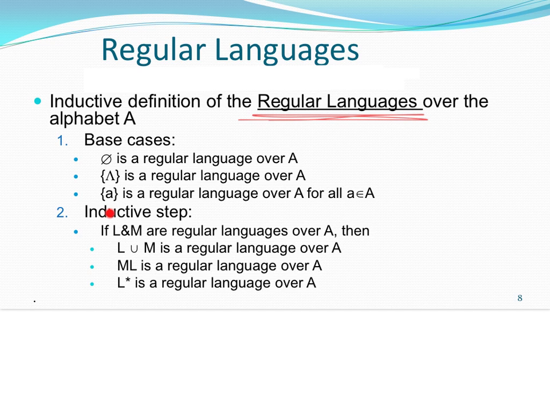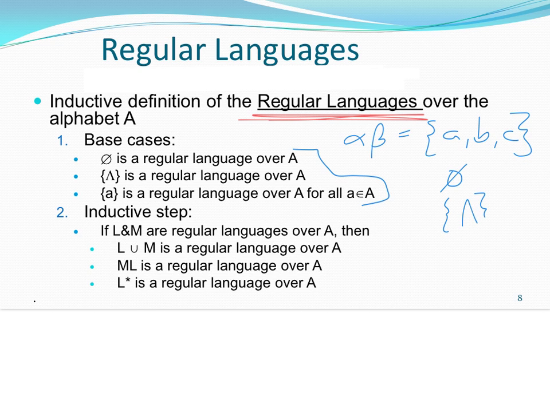And finally, the third part in the base case, and these are the simplest cases, is that if you have any symbol that's in your alphabet, the set that contains just that symbol is a regular language. So, for example, if my alphabet is the set A, B, C, then from these first three rules, we know about 1, 2, 3, 4, 5 regular languages. So, empty set's a regular language.